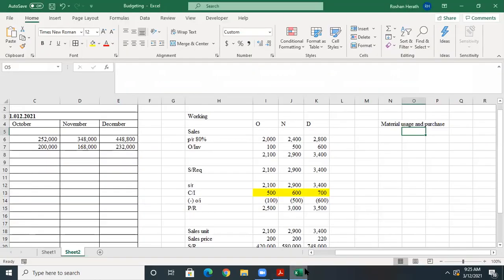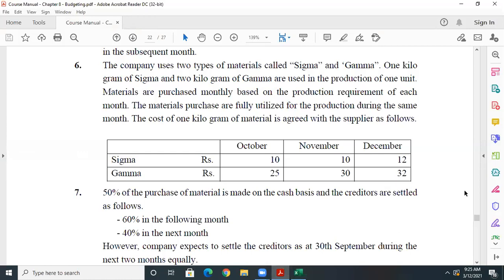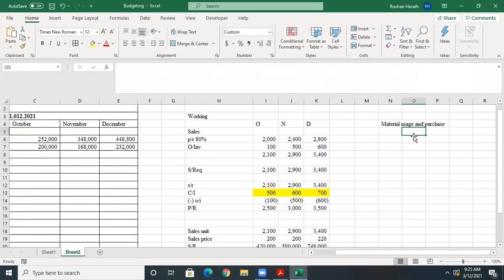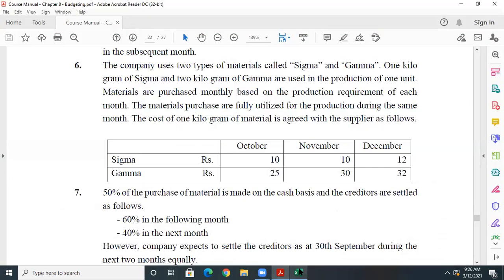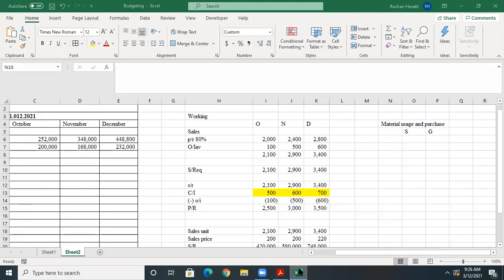Is it two products or one product? No, the company uses two types of materials. Basically there are two materials: one is sigma, the other is gamma. So for this production, it takes 1 kilogram of sigma and 2 kilograms of gamma.